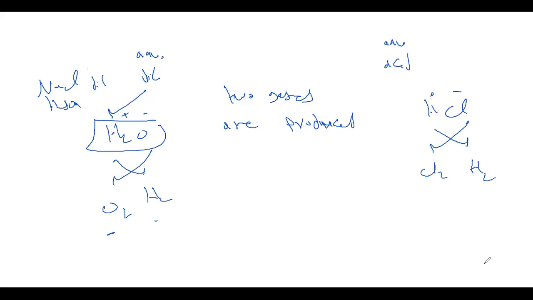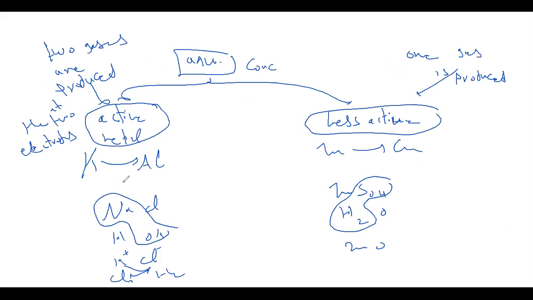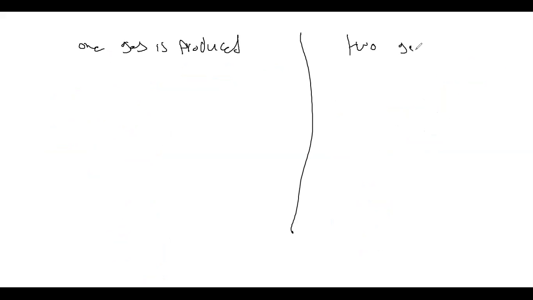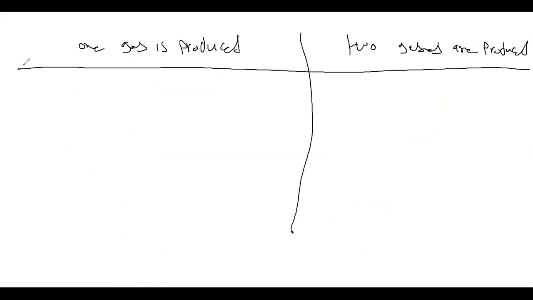So we have now: one gas is produced in case of molten, or aqueous concentrated less active metal.